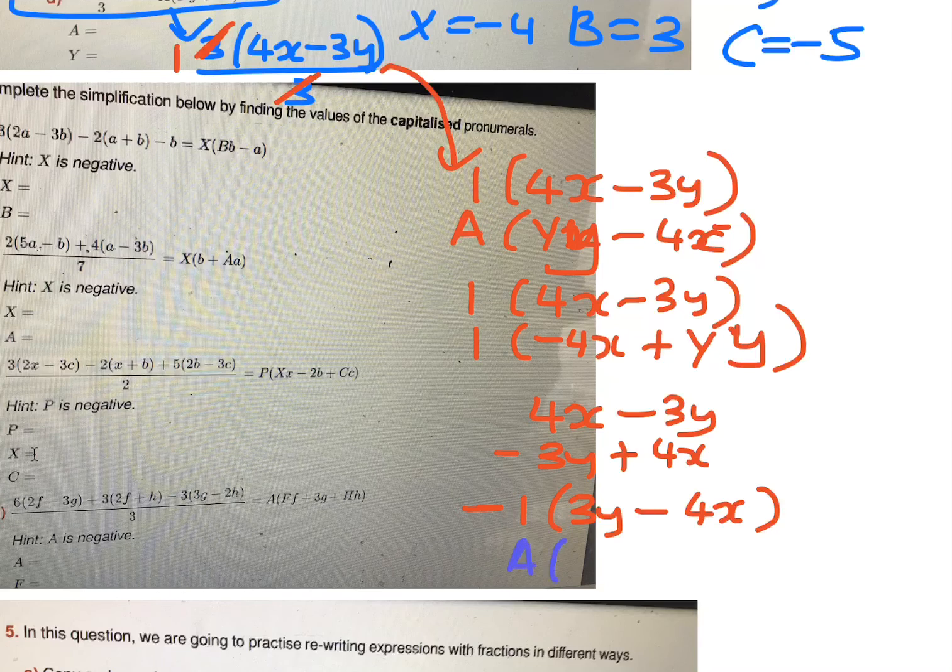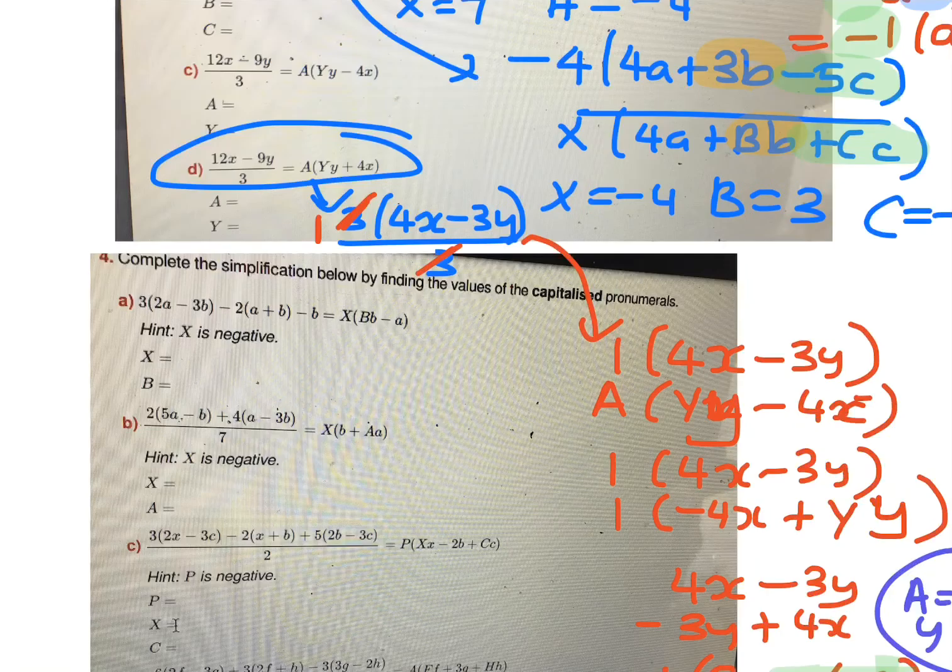So that's a y minus 4x. And now the minus 4x matches up. So that means that the a will equal minus 1, and the y will equal 3. So some of these you might have to re-factorise to get it in the right formula. You might have to take out an extra minus to do that.